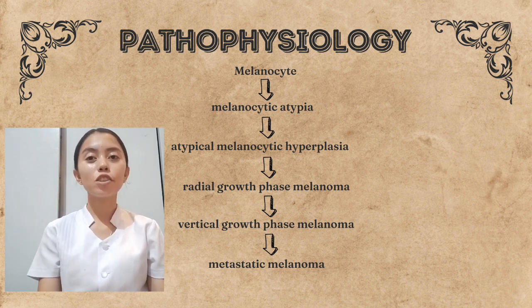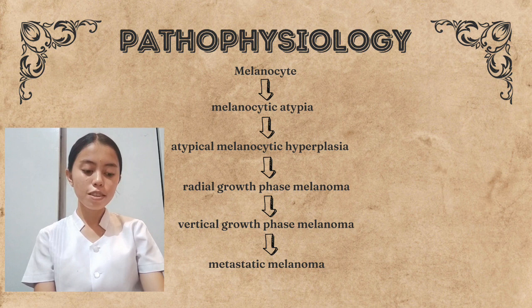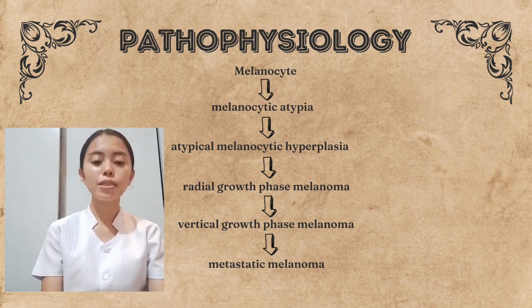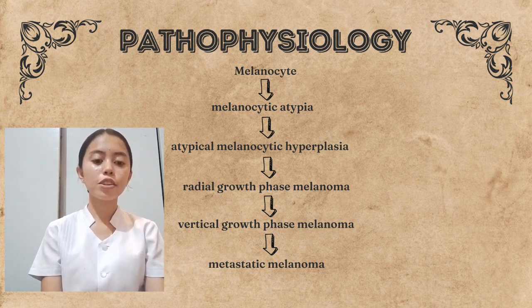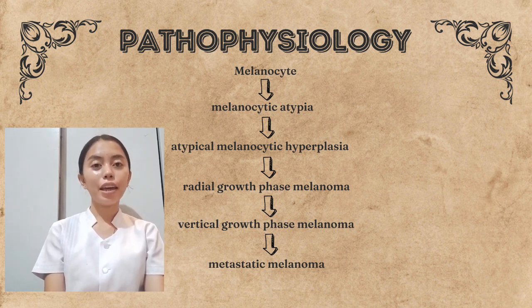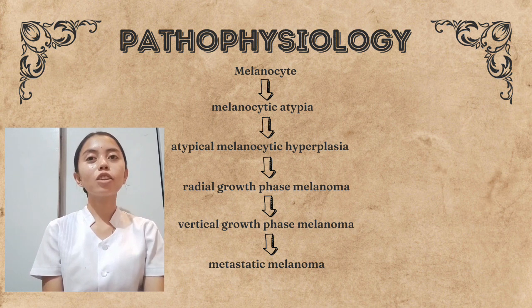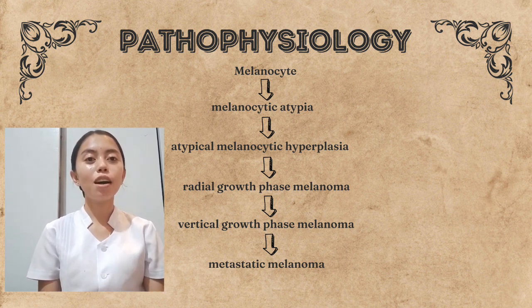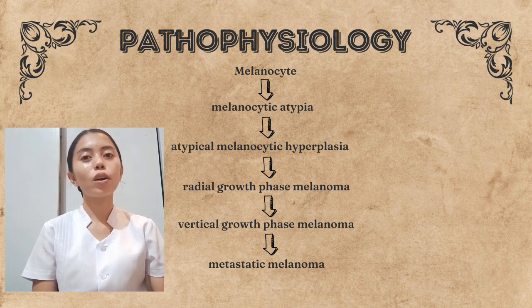Then it proceeds to metastatic melanoma. This is the spread of primary melanoma cells to distant organs such as lymph nodes, lungs, liver, brain, and bones.